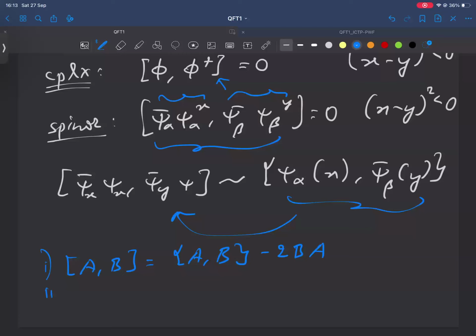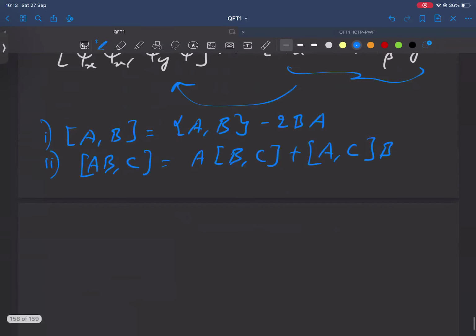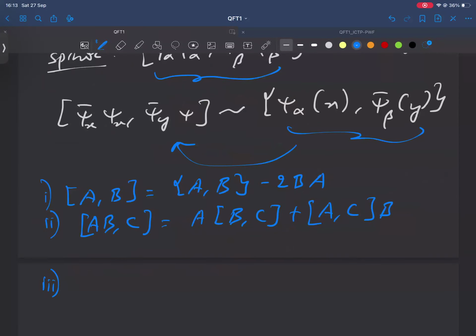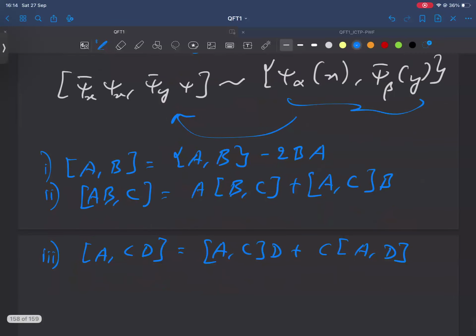That's the first identity. The second identity that you will need is the commutator of AB with C, which is A times the commutator of B and C, plus the commutator of A and C times B. And the third is the commutator of A with CD, which is the commutator of A and C times D, plus C times the commutator of A and D. In other words, you always have to preserve the ordering.